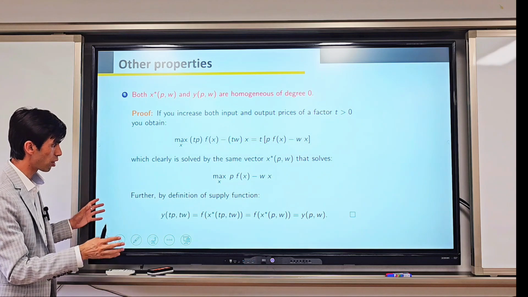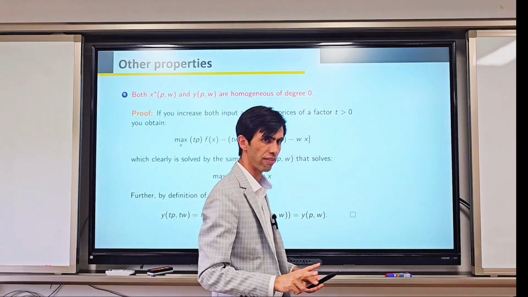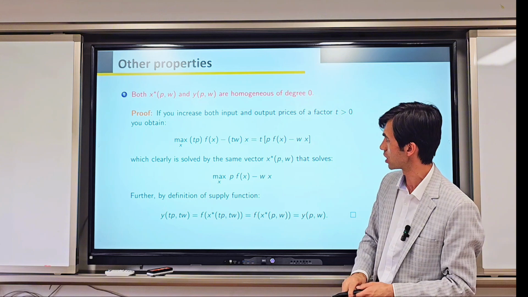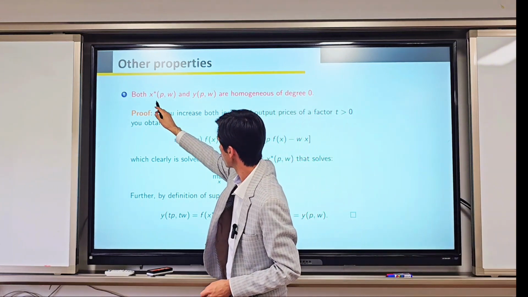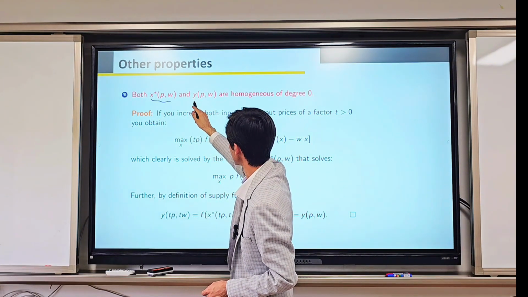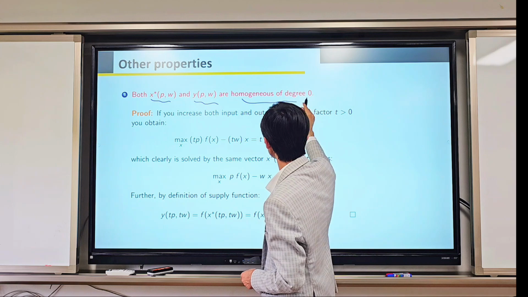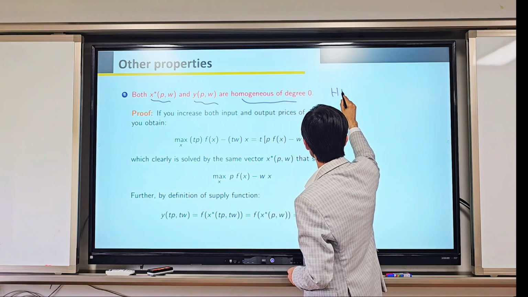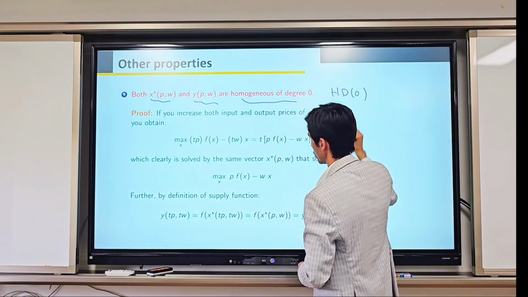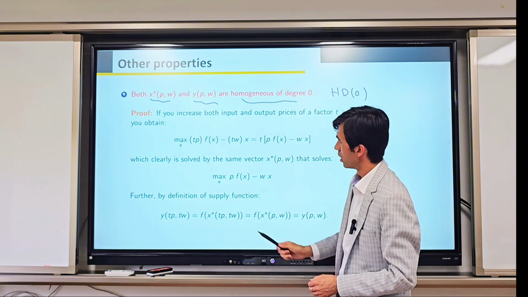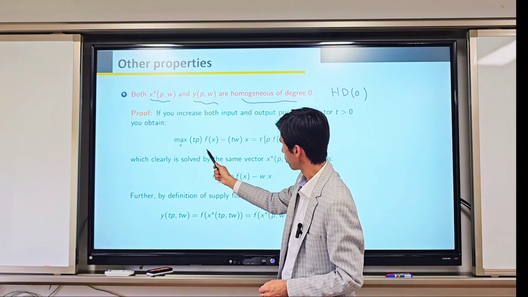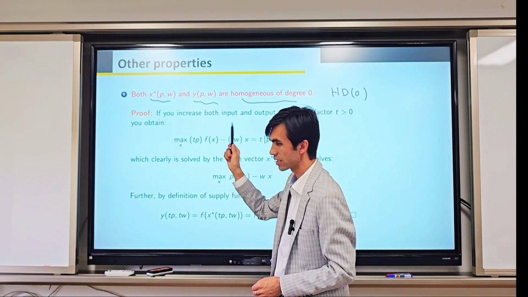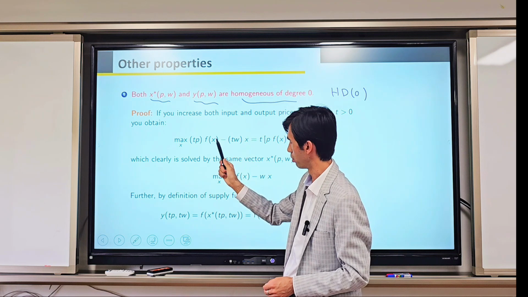Another property that works for both the supply function and the factor demand function is this one. Both the unconditional factor demand function and the supply function are homogeneous of degree 0, HD 0. For the proof, suppose we have this profit maximization problem.